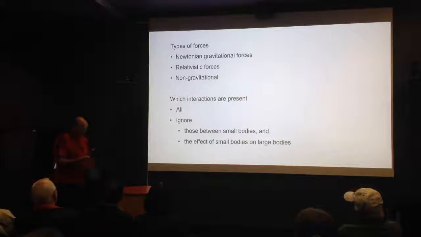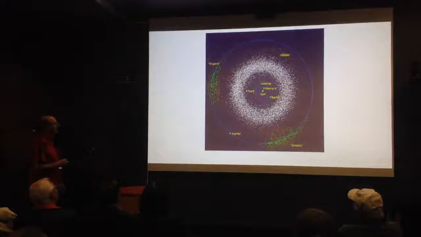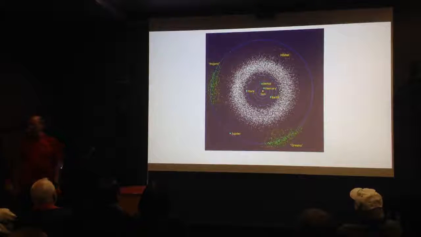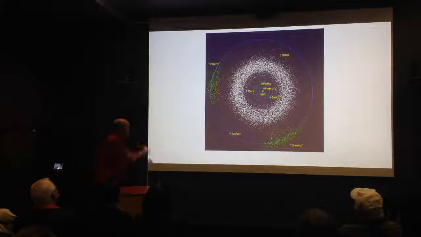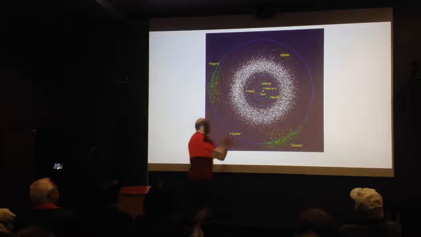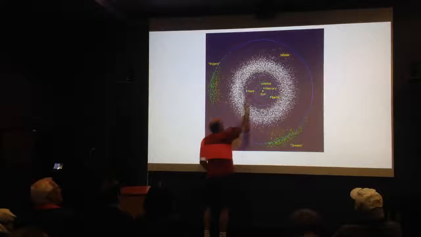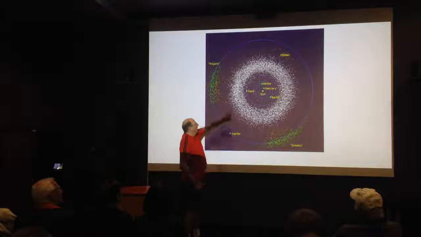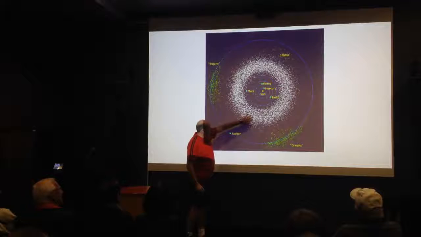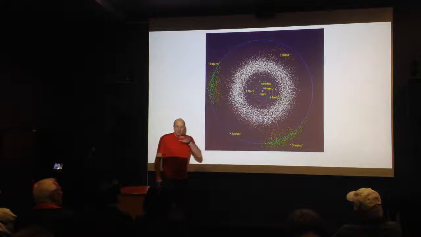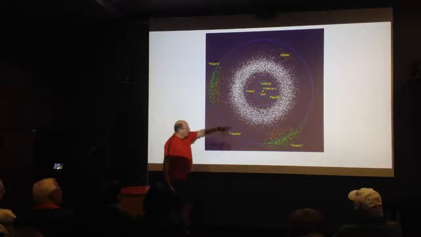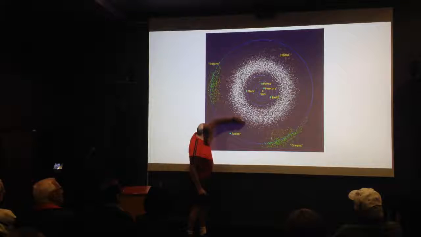So just to make that point a little clearer, it's the same diagram, I'm recycling here to save money. Just imagine we've got Jupiter interacting with Mars. Mars and Jupiter are far more massive than all the asteroids here. What I assume in most of my simulations is that I can ignore the interactions between every pair of asteroids here.